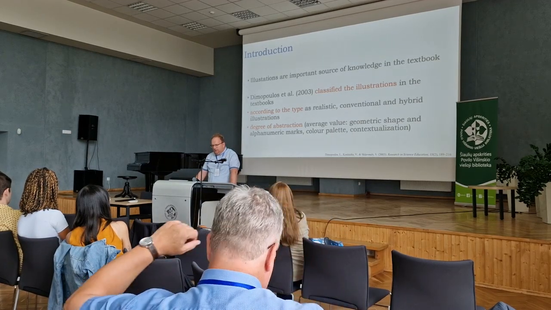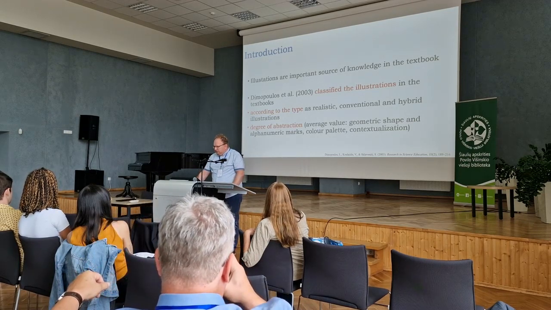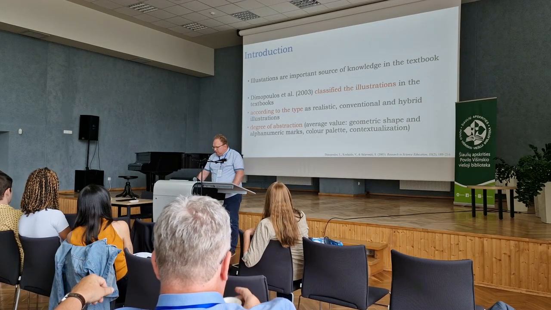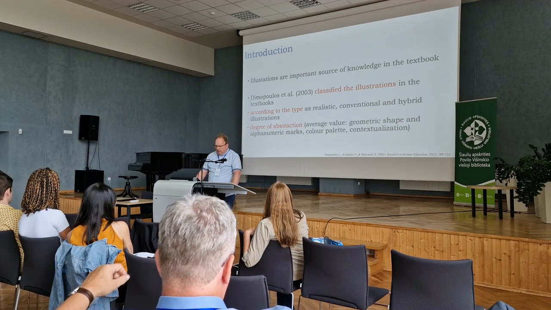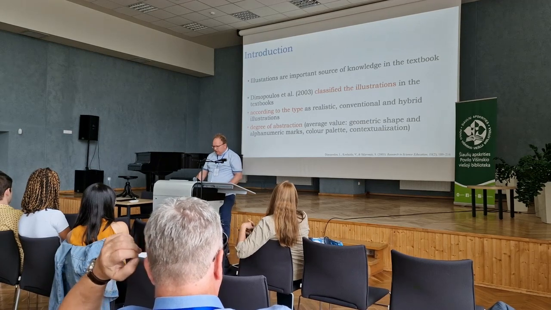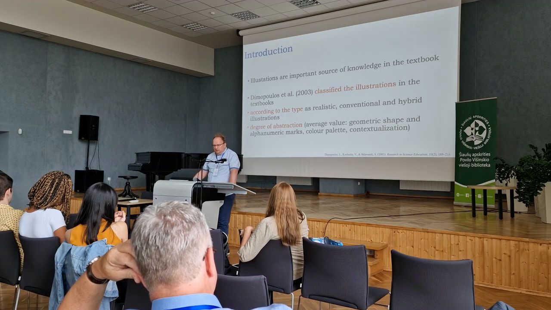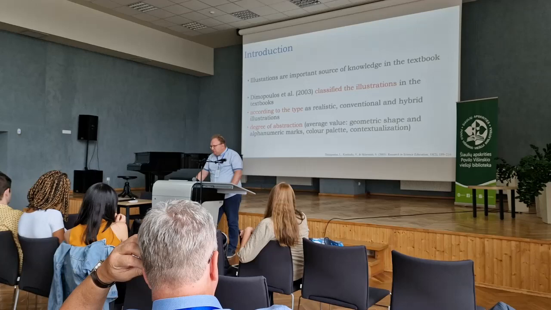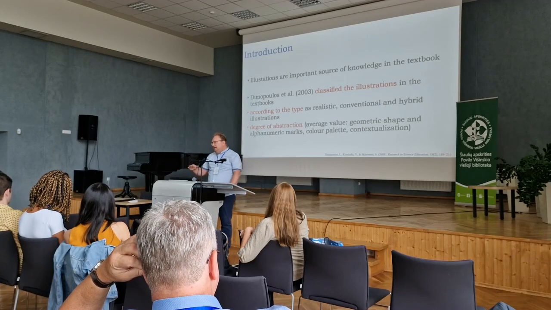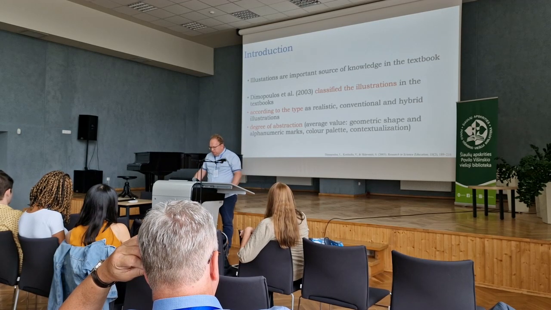One was developed by Dimopoulos et al., who classified illustrations in textbooks according to type as realistic, conventional, and hybrid. Realistic illustrations contain pictures from everyday life, something from history. Conventional contain, beside that, some numbers, molecular structure, and hybrid illustrations are a combination of the previous 2.